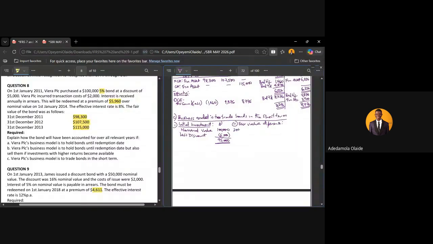In 2011, the fair value at the end of the year is how much? 98,300, less the carrying amount of the bond.